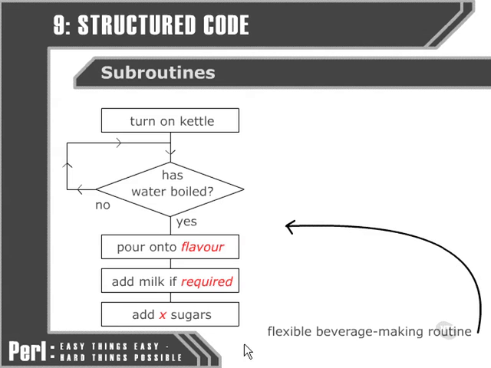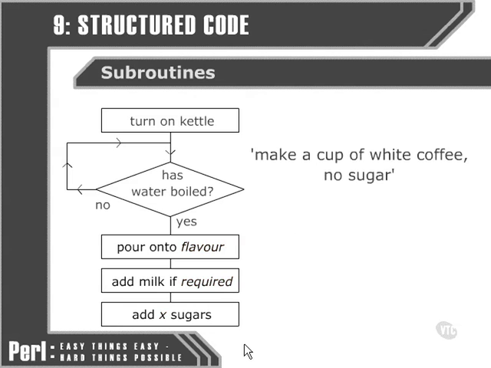In terms of using this kind of principle in Perl, we're defining a procedure once that we can then use many times. So our procedure is versatile, that's the key. Make a cup of white coffee with no sugar is the way we invoke the routine.